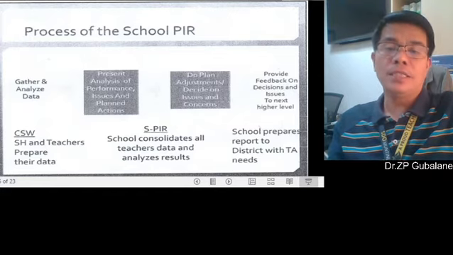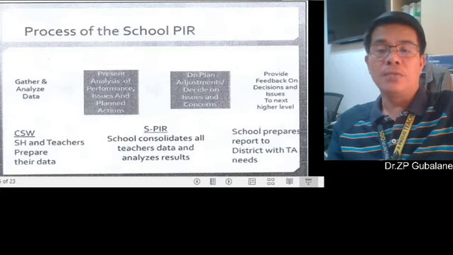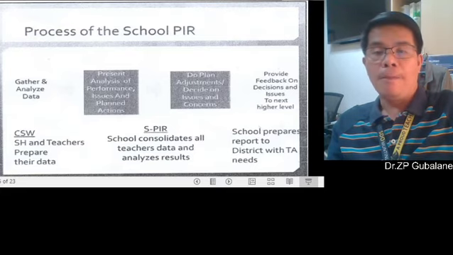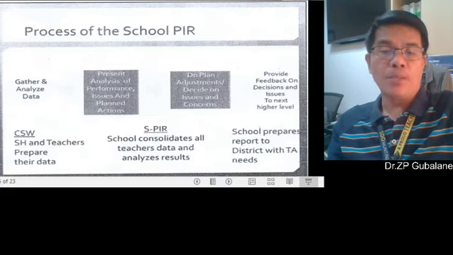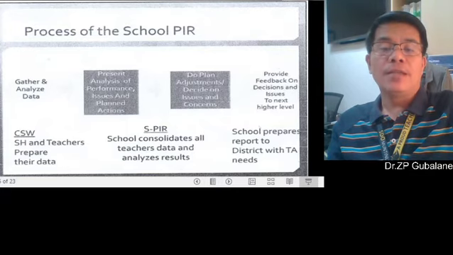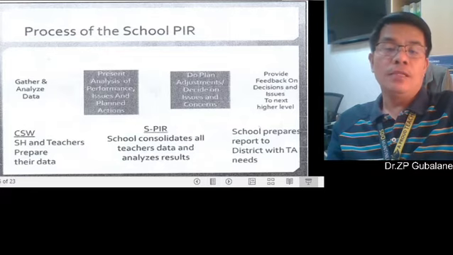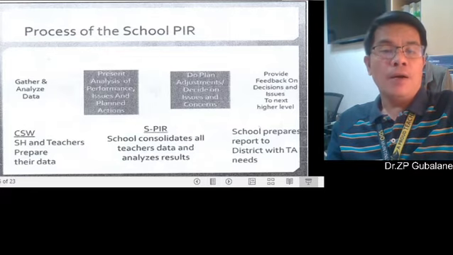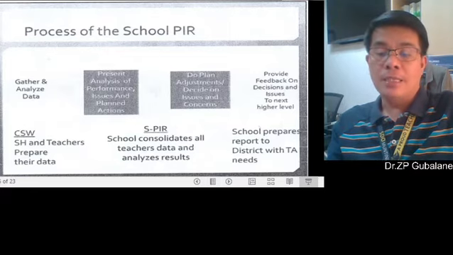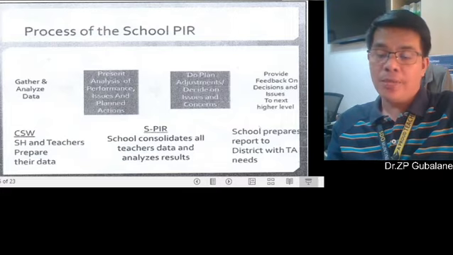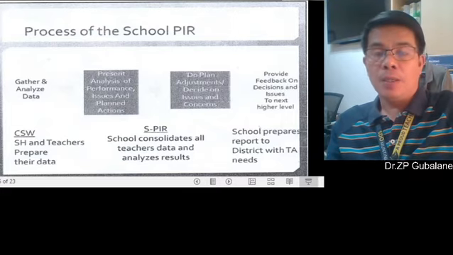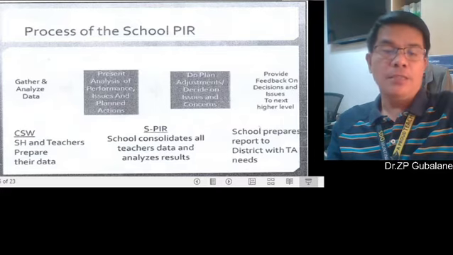You can actually see that as you present your PPAs. And then feedback, and of course, the meat here is adjustment of your programs, projects, and activities.